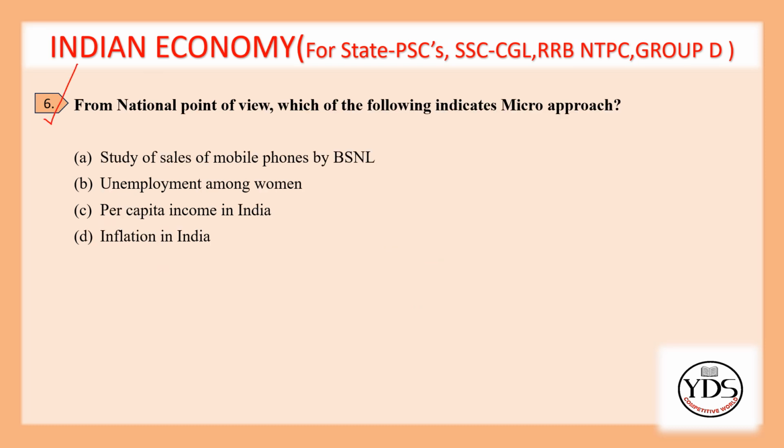Sixth question, from national point of view, which of the following indicates micro approach? Study of sales of mobile phones by BSNL, unemployment among women, per capita income in India, inflation in India. Option A, study of sales of mobile phones by BSNL is the correct answer.